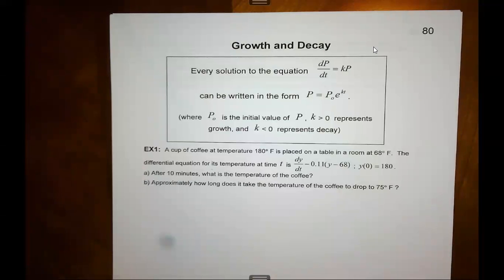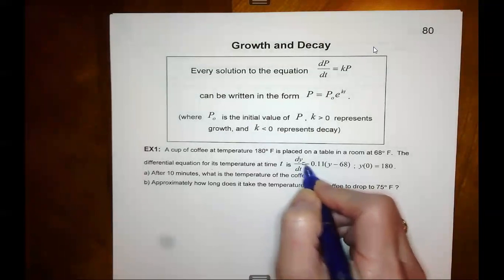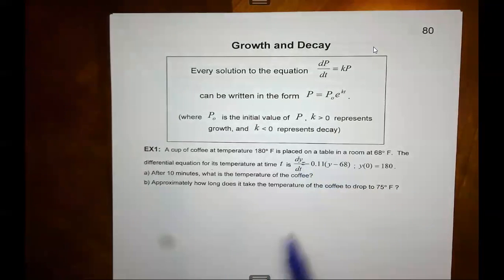So the first part of what we're going to do today, and this is supposed to have an equal sign in here, so you may want to add that in. It's supposed to say that a cup of coffee at a temperature of 180 degrees Fahrenheit is placed on the table in a room at 68 degrees Fahrenheit. The differential equation for its temperature at time t is dy/dt equals negative 0.11 times (y minus 68).